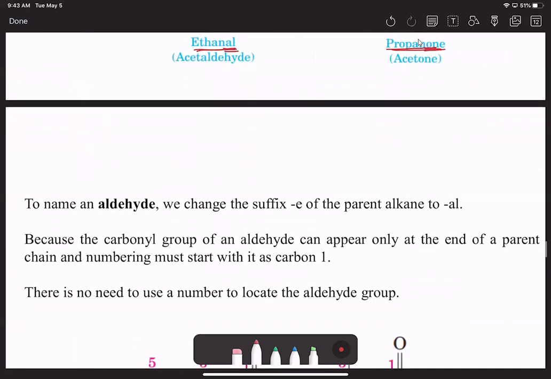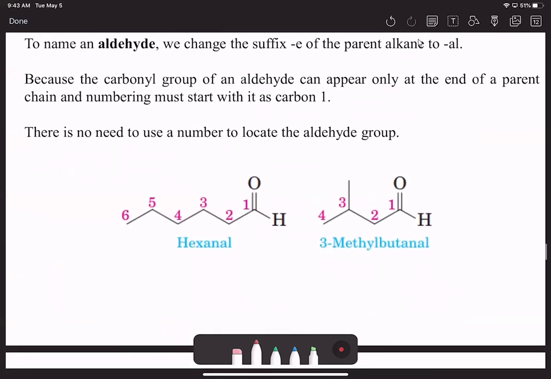So let's just first work with aldehydes. Right? For aldehydes, we never have to locate carbon number 1. Carbon number 1 is always going to be where the carbonyl is at for an aldehyde, not a ketone.